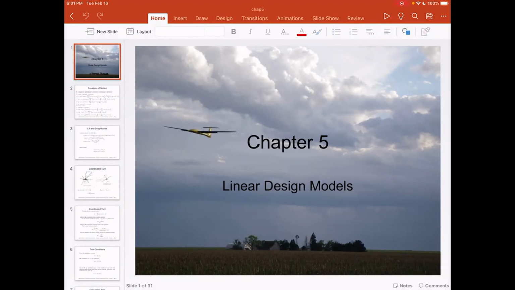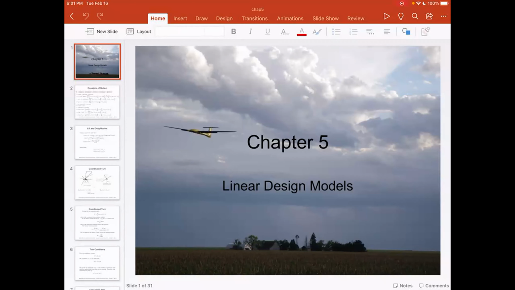But what I want to talk about in today's class is that we started with simple equations. Those equations were nonlinear. We added the external forces and moments. And now we are going to simplify those complicated nonlinear equations so that we can integrate an autopilot loop so that the aircraft can self-control.